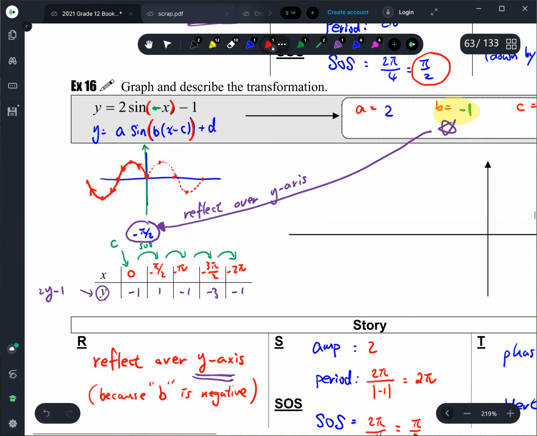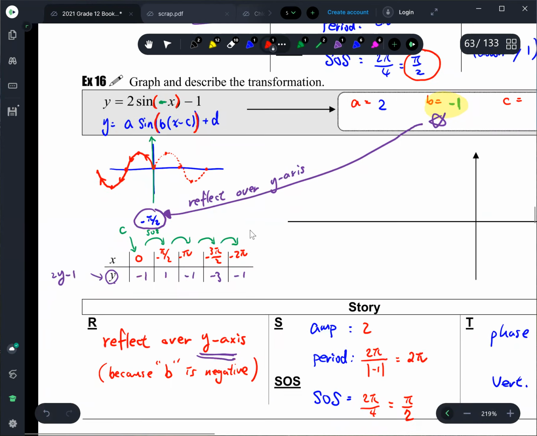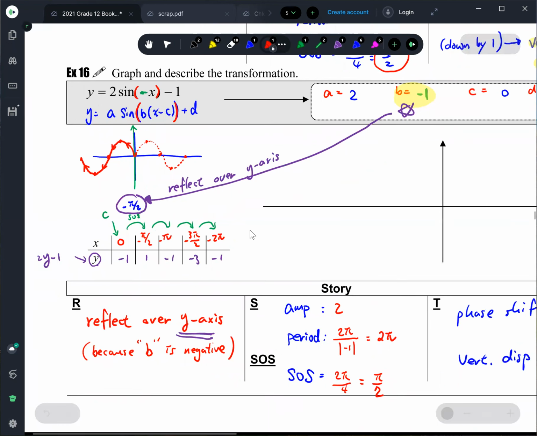How about everyone else? If you understand why we need to subtract, please raise your hand. Reflection over the y-axis, you need to subtract the size of the space instead of adding.